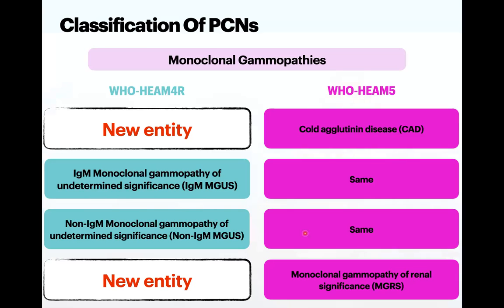These plasma cell neoplasms and disorders associated with paraproteins are now grouped into four groups: monoclonal gammopathy, diseases of monoclonal immunoglobulin deposition, heavy chain diseases, and plasma cell neoplasms. In monoclonal gammopathy, the IgM MGUS and non-IgM MGUS remain the same, while cold agglutinin disease and monoclonal gammopathy of renal significance are two new additions to this classification.